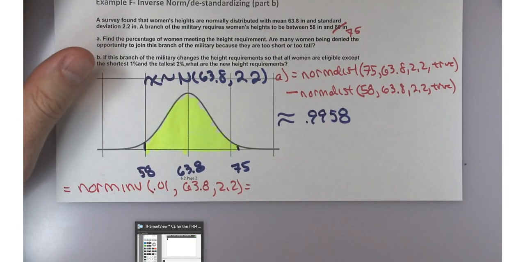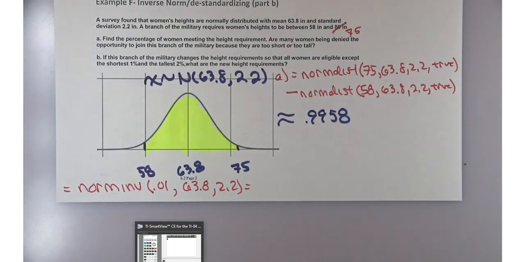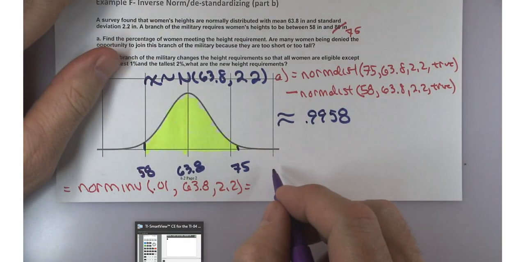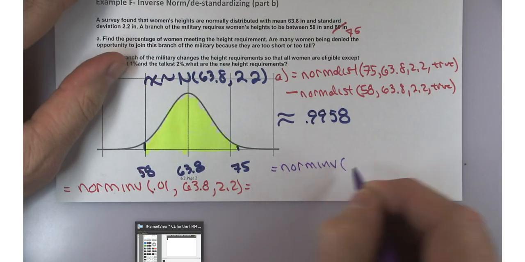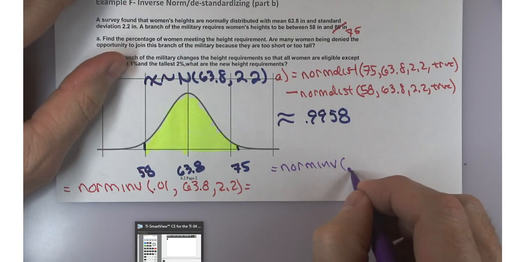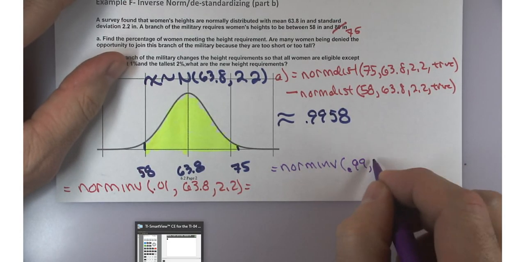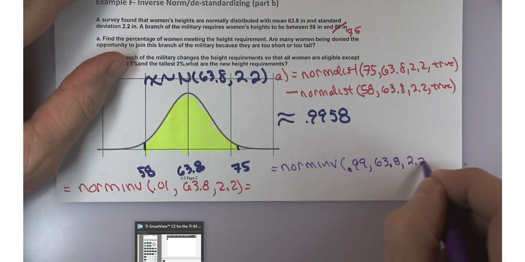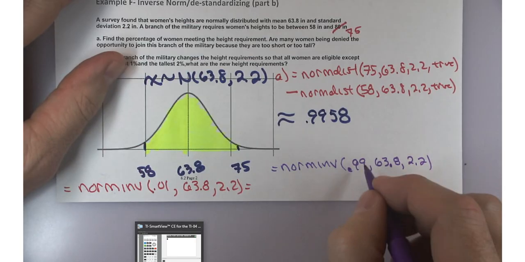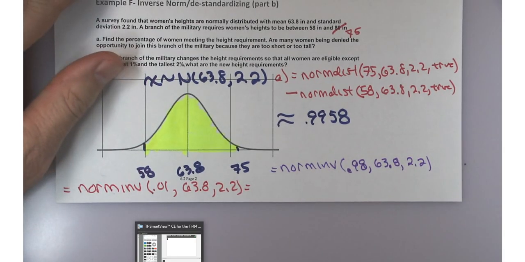And then for the upper end of things, the other part is going to equal norm inverse of 0.99, 63.8, and 2.2. Oh, 98. Yeah, that's right. Top 2%, not top 1%. Thank you.